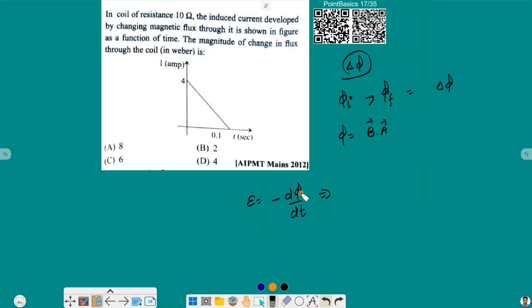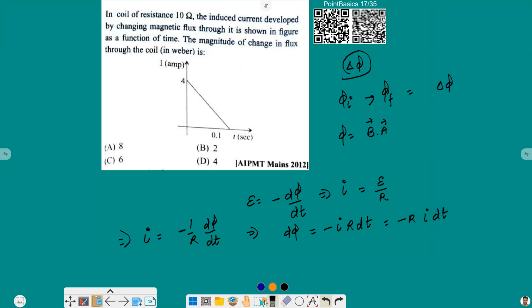We can write the induced current from this equation. Induced current will be E by R, induced EMF by the resistance, so I is equal to minus 1 by R of d phi by dt. From this we can write that d phi is equal to minus I R dt, or minus R I dt.